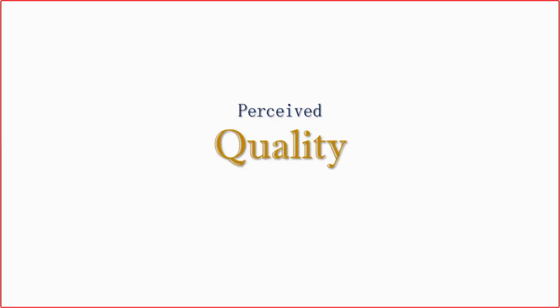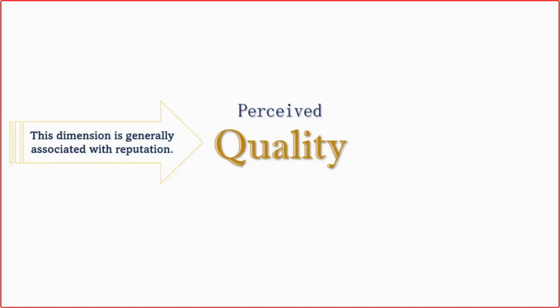So perceived quality, the eighth dimension, is generally associated with the reputation of the brand. Let's take the example of the iPhone. If you are purchasing the iPhone, then yes, quality will be there in terms of camera, in terms of operating system. So yes, everyone is expecting that quality.